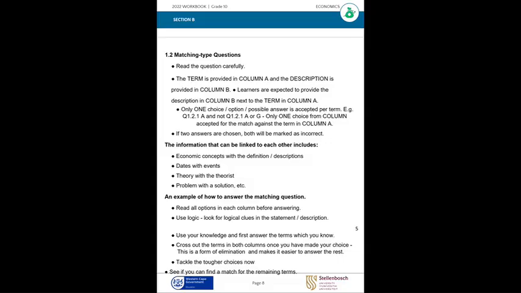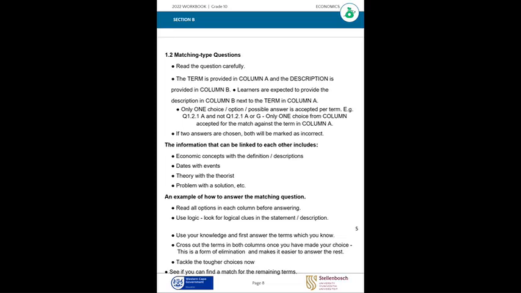The term is provided in column A, and the description is provided in column B. Learners are expected to provide the description in column B next to the term in column A. Once again, only one choice or option or possible answer is acceptable per term. Example, 1.2.1 A and not 1.2.1 A or G, right? Only one choice from column B is accepted to match against the term in column A.